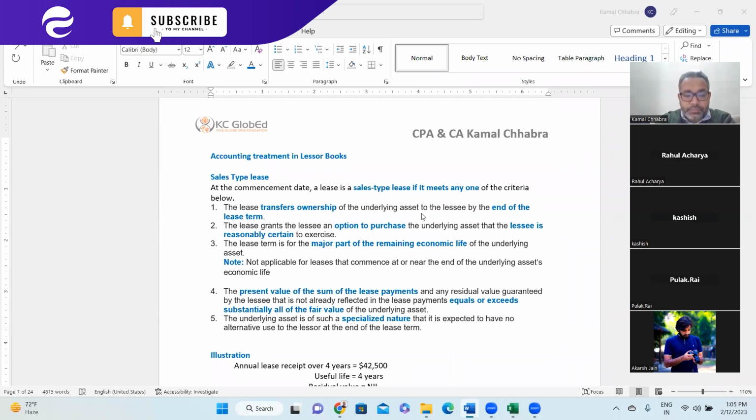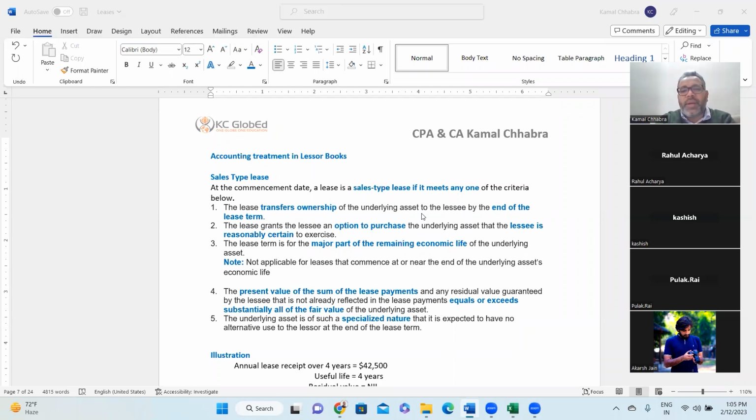First, the lessor transfers ownership of the underlying asset to the lessee by the end of the lease term, right? Ownership transfer. Second, the lessor grants the lessee an option to purchase the underlying asset that the lessee is reasonably certain to exercise.